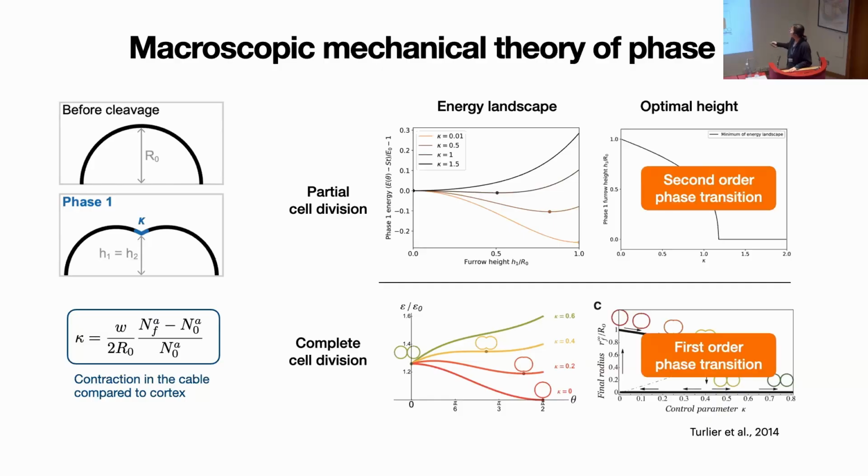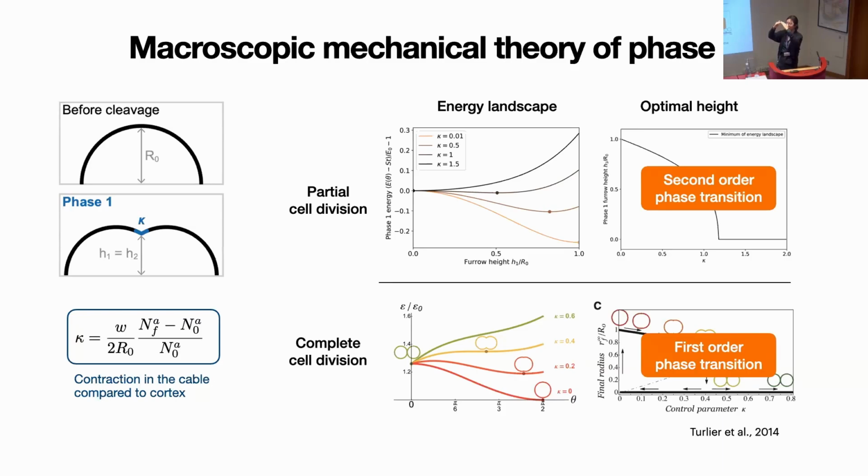We think the reason this is happening is that in the second case the ring is shrinking like this, whereas in the first case this contractile cable is going down more like that.